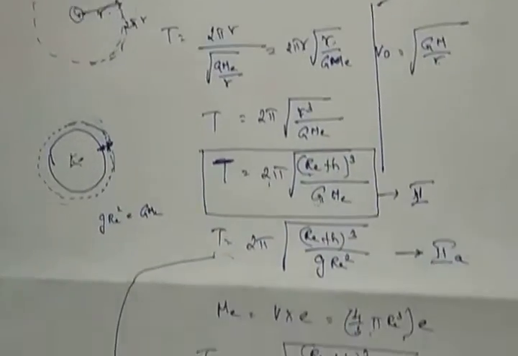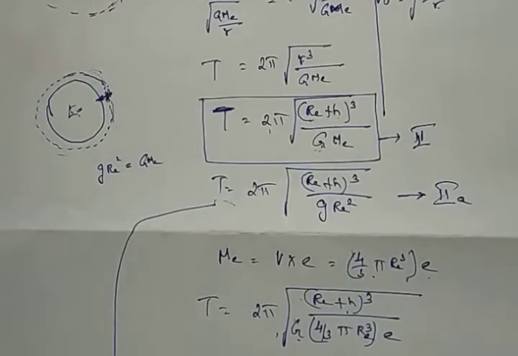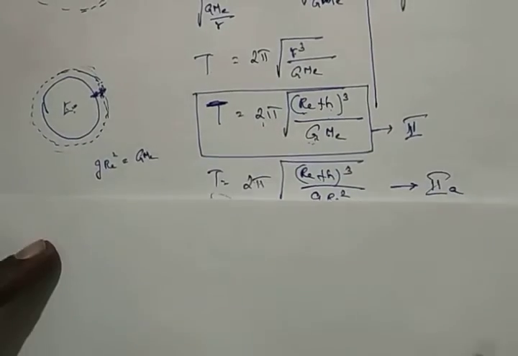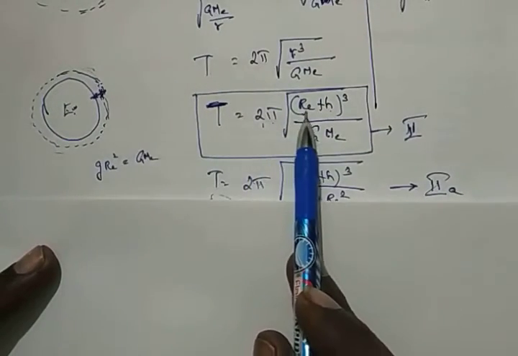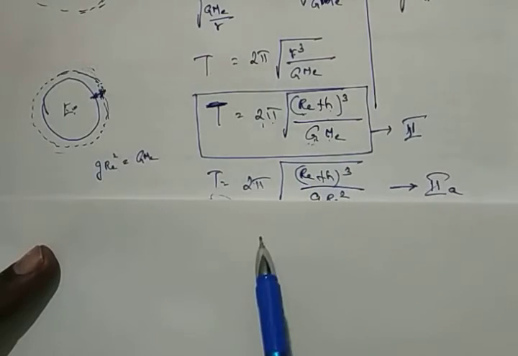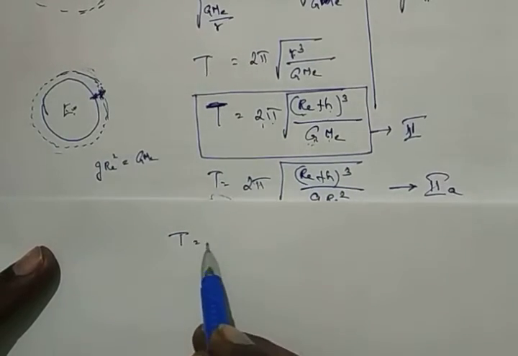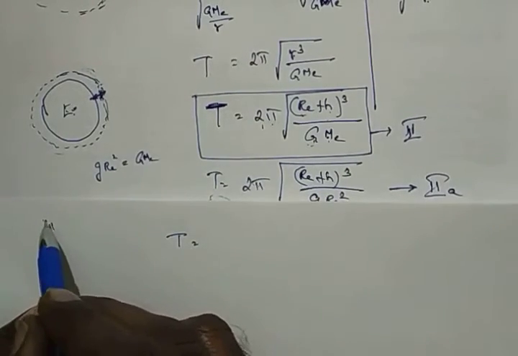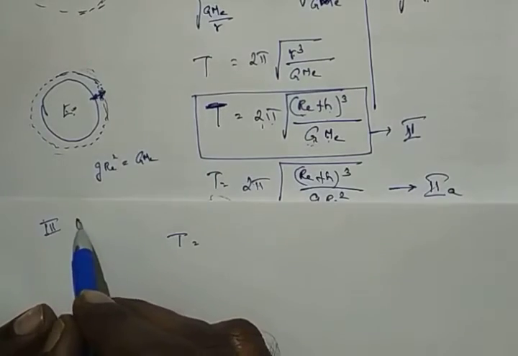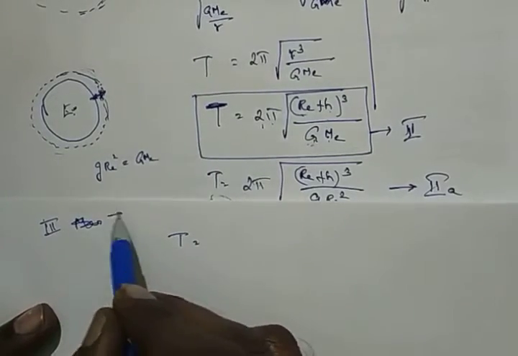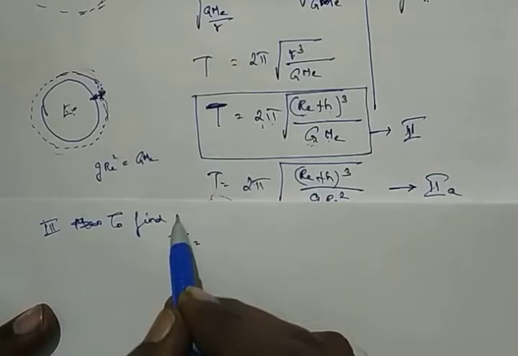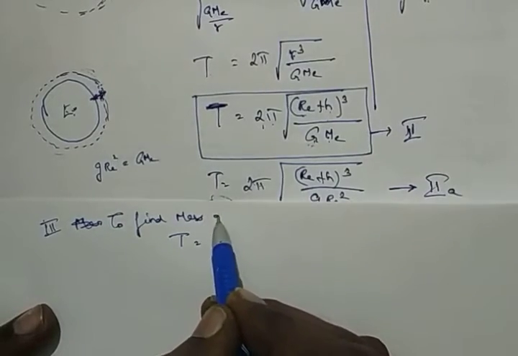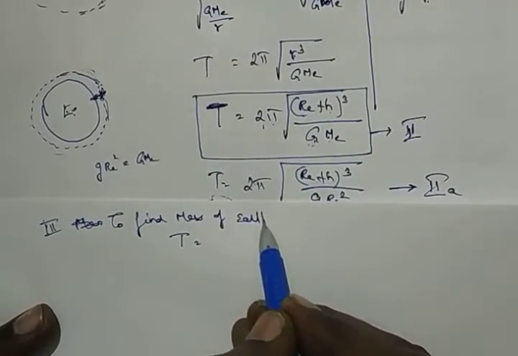So look at this format itself. You get the first formula that you have derived. That is very important. Time period is going to be equal to 2 pi into root of (Re plus H) the whole cube. This is 1. Take the same value itself. So the third part of it is mass, to find the mass of Earth.